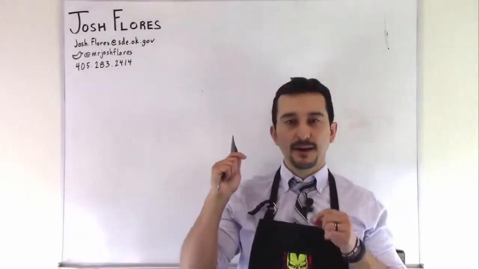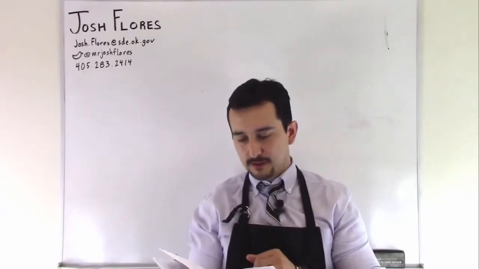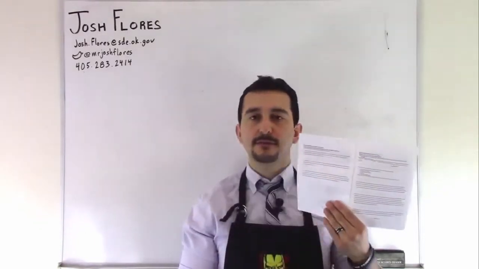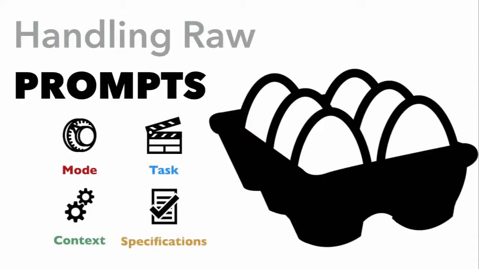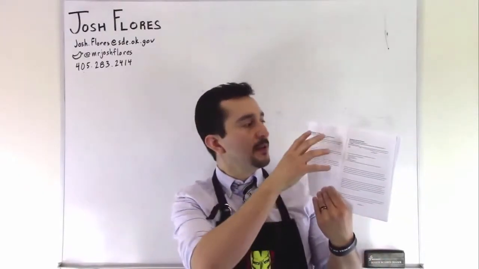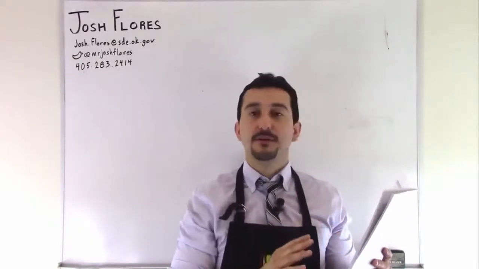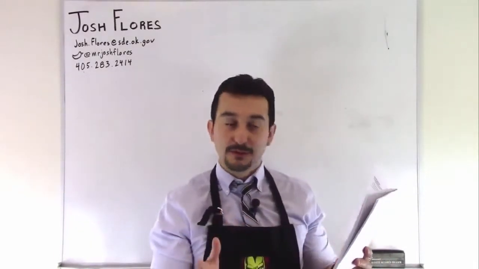Now, let's talk about handling raw materials safely. Opening up to page 4, you'll notice we have some raw writing prompts. These are just the prompts taken from different sources. The first page on page 4, these are the prompts available at the Oklahoma State Department of Education Assessment Materials page.